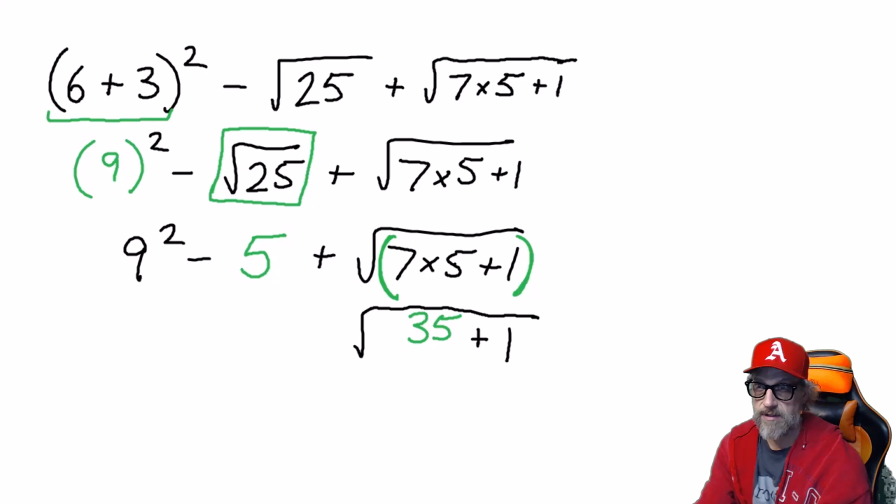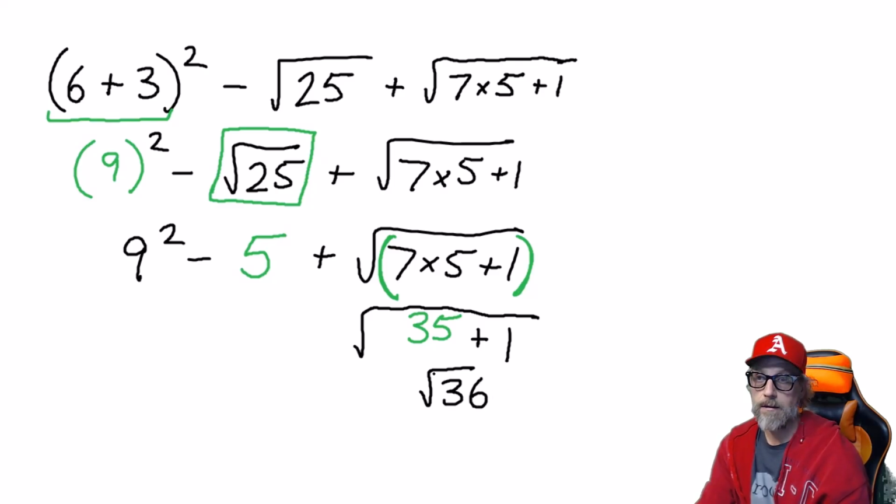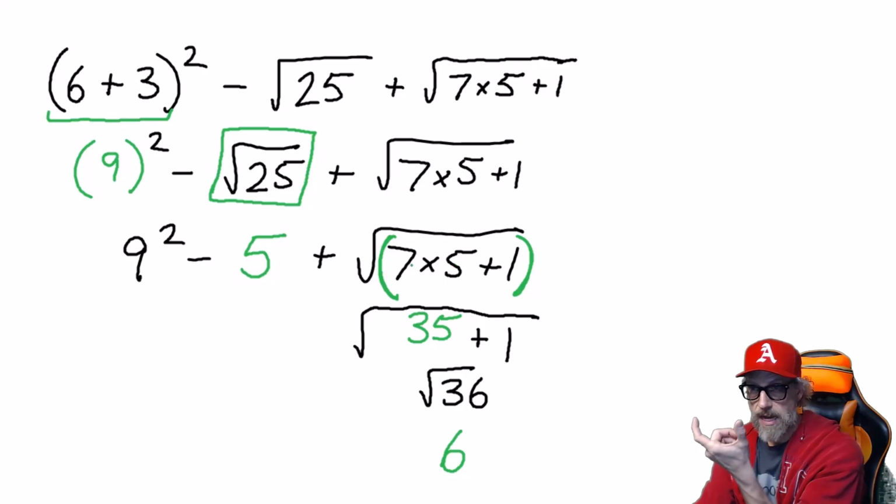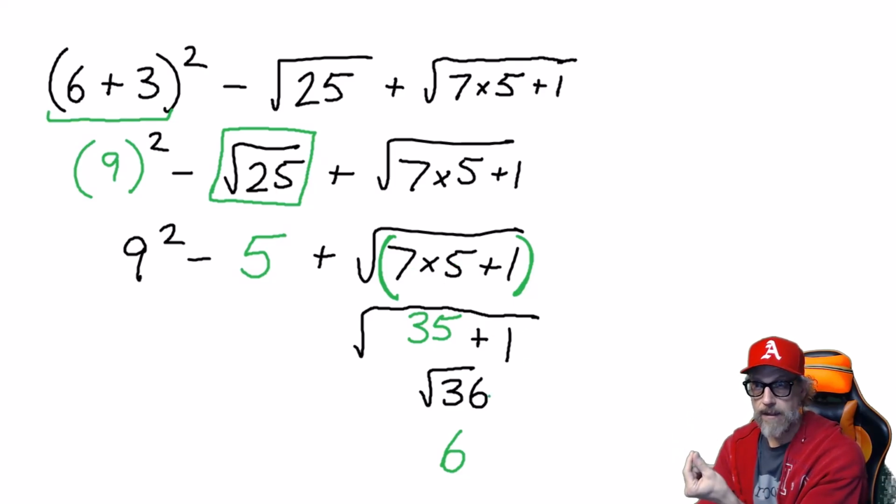Multiply first, 7 times 5 is 35. Then I'll do the add, 35 plus 1 is 36. And then we can do that square root. What number times itself equals 36? And that result is 6. So a mini problem inside: 7 times 5 plus 1, multiply first, then add, then the square root.